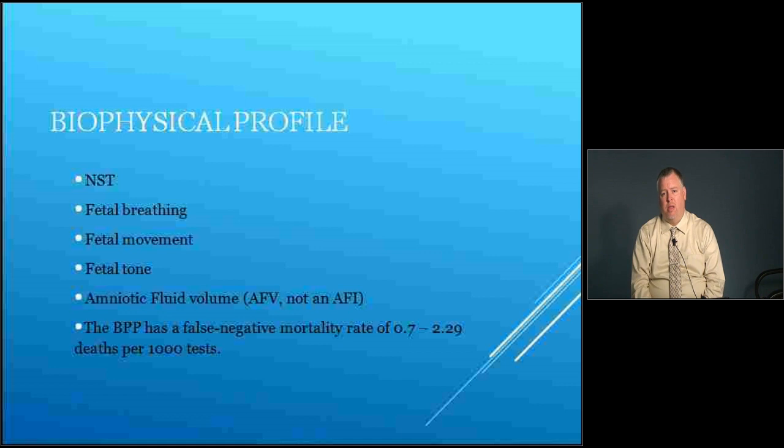And be careful there, in this test we're talking about amniotic fluid volume, not an amniotic fluid index that we'll talk about later. The biophysical profile has a false negative mortality rate of 0.7 to 2.29 deaths per 1,000. So far better than a non-stress test alone, but not quite as good as a contraction stress test.